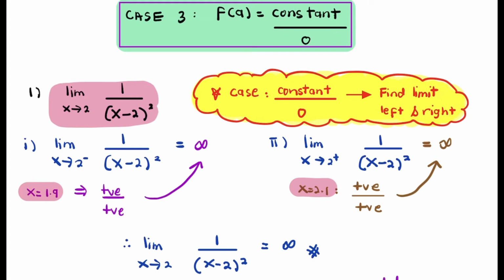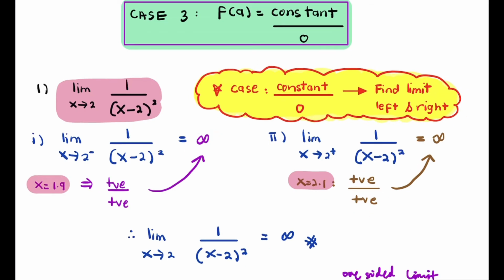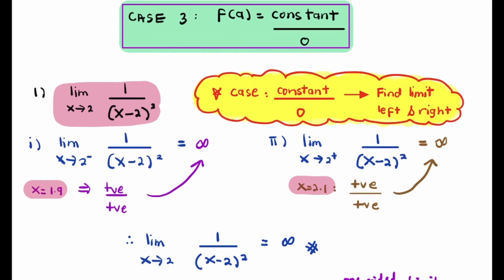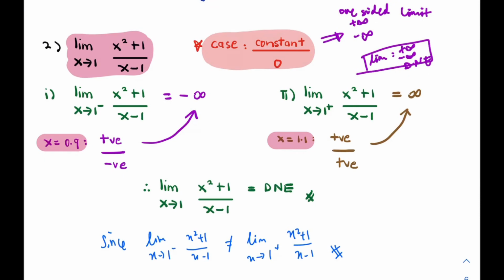So positive over positive, this is positive infinity. Therefore, since the limit from the left is infinity and the limit as x approaches 2 from the right is also infinity, we can conclude that the limit of 1 over (x minus 2) squared as x approaches 2 is equal to positive infinity.